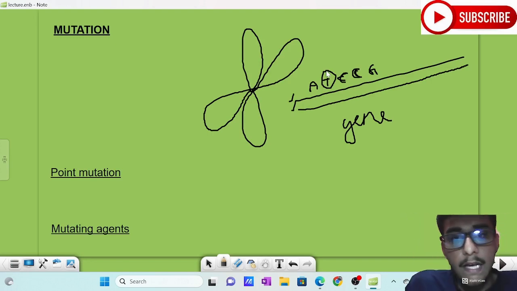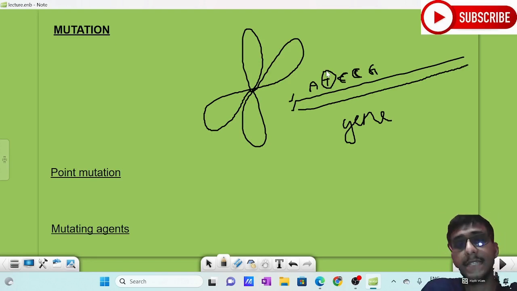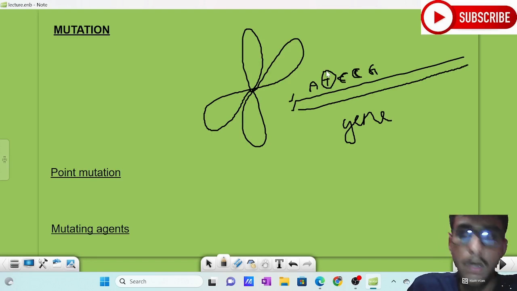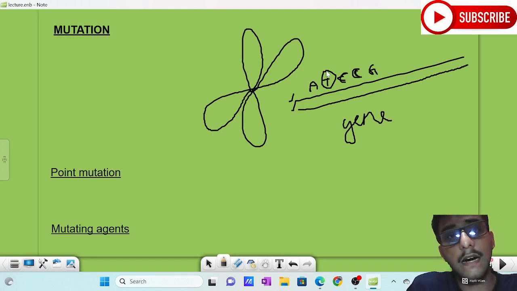I earlier mentioned that mutation can be spontaneous in nature, and also mutation can be induced. Spontaneous means the mutation can be caused due to the internal activity of the cell. Also, the mutation can be induced by us or by other phenomena.